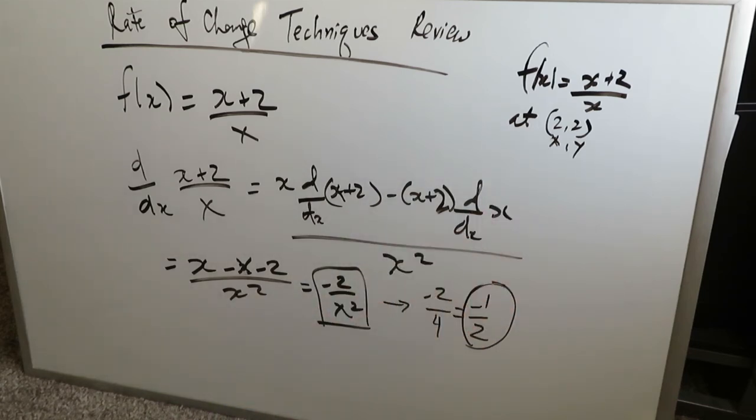Remember, the very first technique gave you directly a minus 1 over 2 answer, and the next two techniques using the slope of the secant line, the x plus h formula, and then this derivative technique gave you an answer which is one step before this. It didn't directly give you your slope of the tangent line, but you had to actually plug in your x value to get that final slope of the tangent line, which is your instantaneous rate of change.